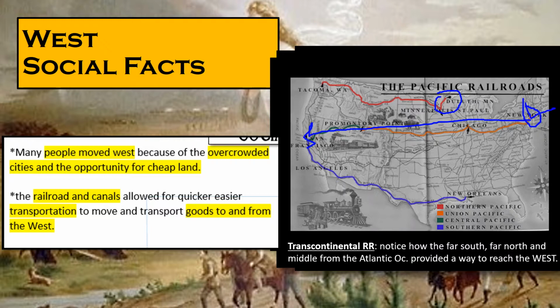This would be considered the East Coast. From here in the northern region, you're able to reach Washington State. Here in the south, from the Port of New Orleans, remember we talked about how important that is, you're able to get through here, get to California. Meanwhile, it's not just a straight shot. There are stops all along the way where you can get off of the train and set up a home, live in a new town. So finish what you see in yellow and move on when you're done.